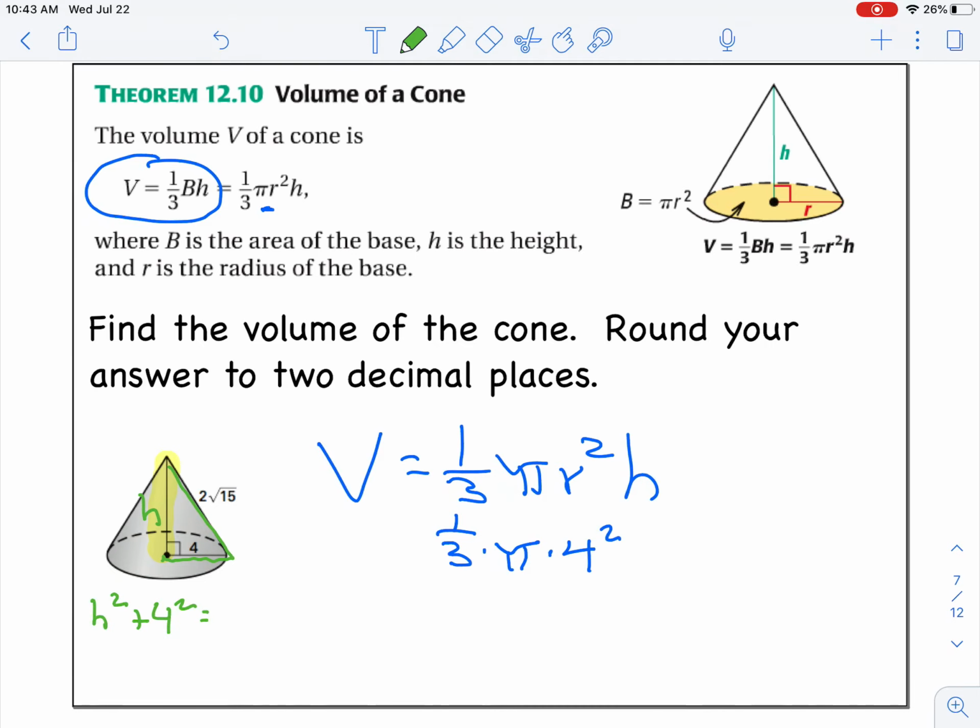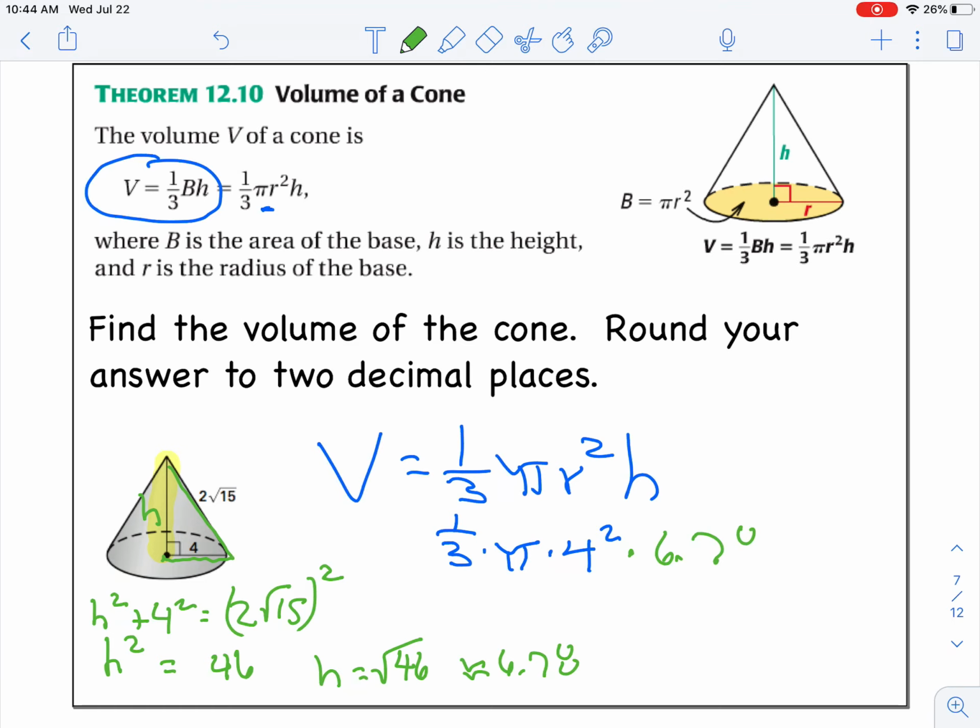So h squared plus 4 squared equals 2 square root of 15 squared, which gives me h squared is equal to, I'm going to subtract 16 from 60, which gives me 46. And then I take the square root, so h is the square root of 46, or approximately 6.78.